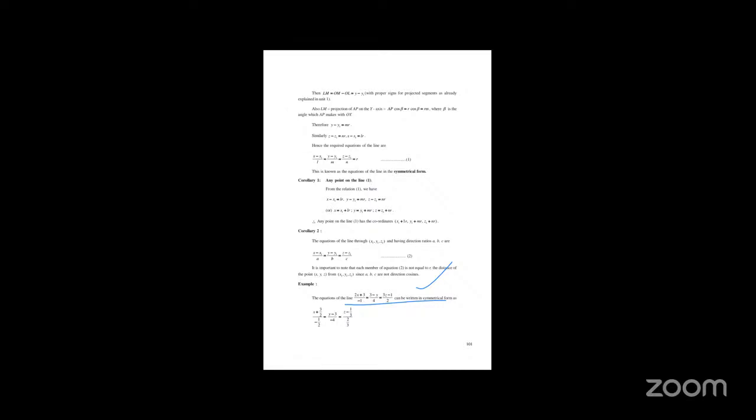Symmetrical form means x minus x1 by l, y minus y1 by m, z minus z1 by n. So how can we change it?